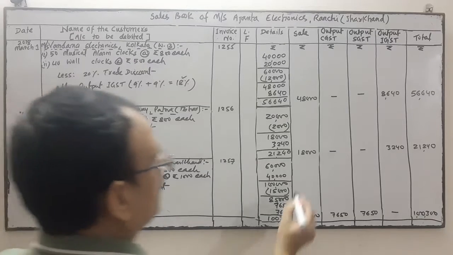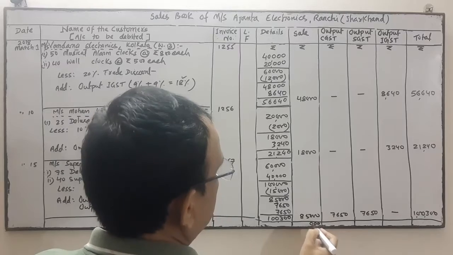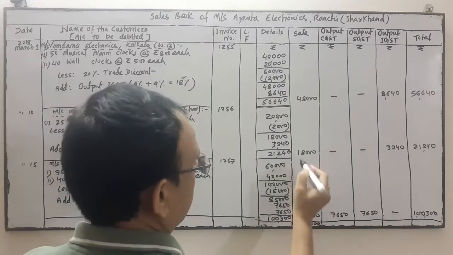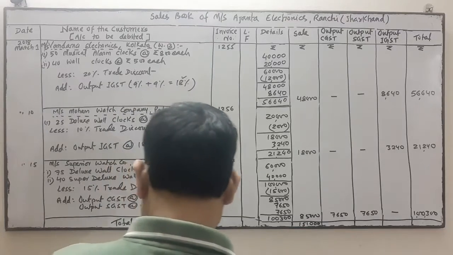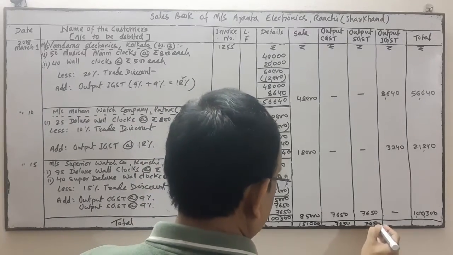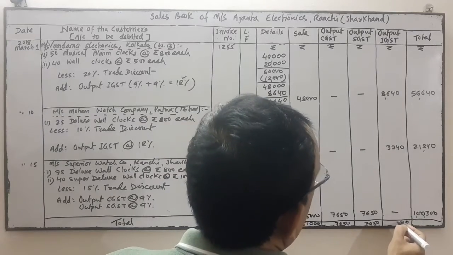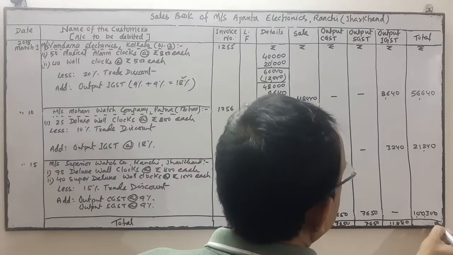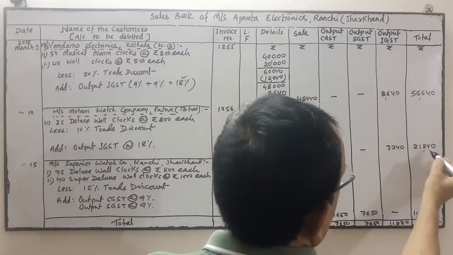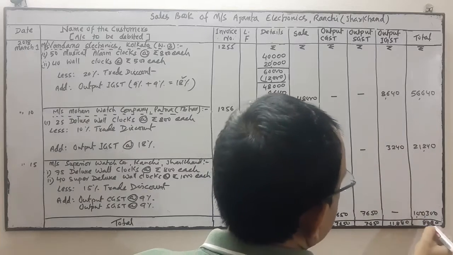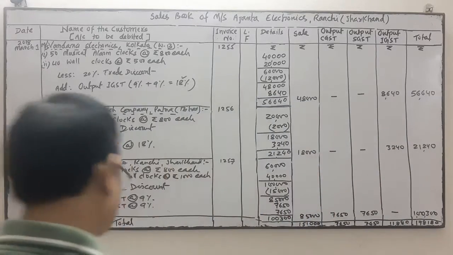After that, the total of sales is 1,51,000, output CGST is 7,650, output SGST is 7,650 and here the total is 1,78,180.